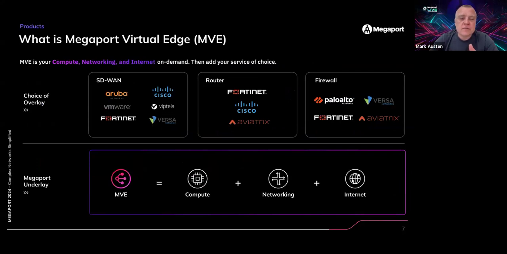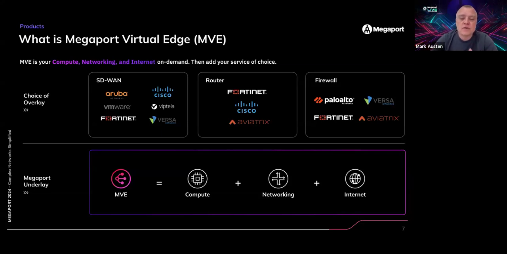So what is Megaport Virtual Edge? It's a platform to enable you to deploy a number of different network and security vendors on our platform to provide private connectivity or security solutions on our global private network. At the bottom of the diagram, you've got MVE.